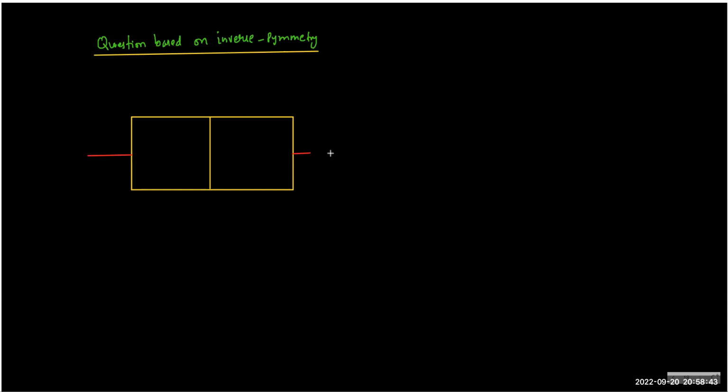So I will take a simple diagram, the circuit we have seen before. And if I say this is C and this is C, this is 2C, this is 2C, this is C, and we are supposed to find the C equivalent of this circuit.